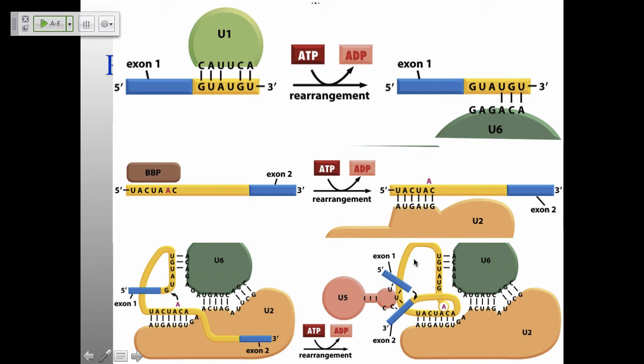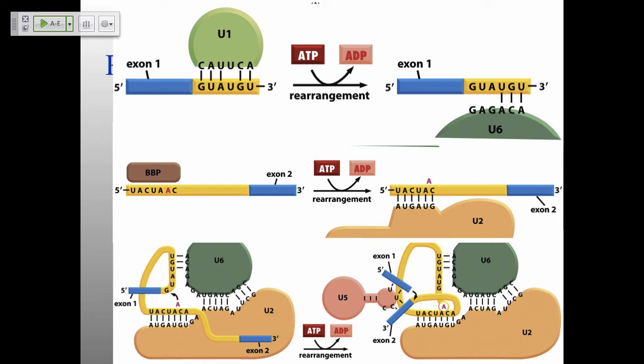Again, it's 4, 5, 6 together, which lead to this ligation of your exon to your exon and the removal of this intron structure. So it's all about RNAs getting pulled apart, put back together, pulled apart, put back together, pulled apart, put back together.